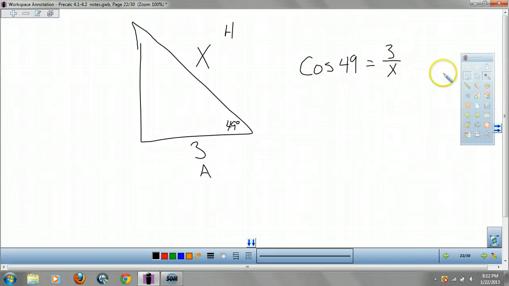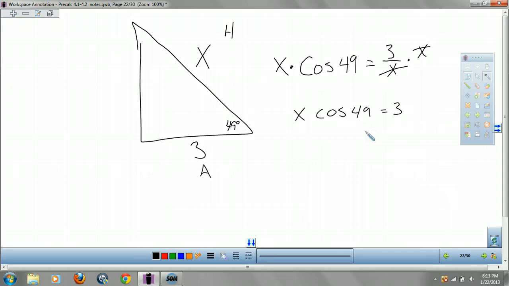Now a lot of people get stuck here, like how do I get rid of that x on the bottom? You kind of have to go in a circular route to get rid of it. Okay? What do I mean by that? We kind of have to jostle it around. So first thing we do is multiply both sides by x. So those cancel. So you get x times cosine of 49 equals 3. How do I get rid of that cosine of 49?